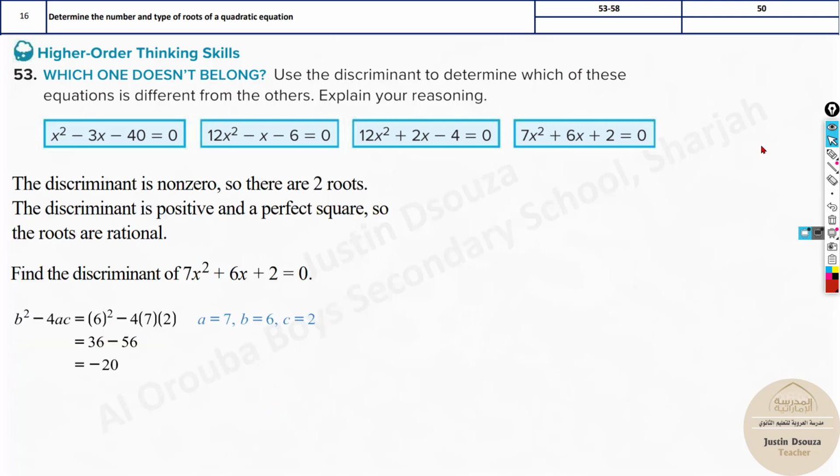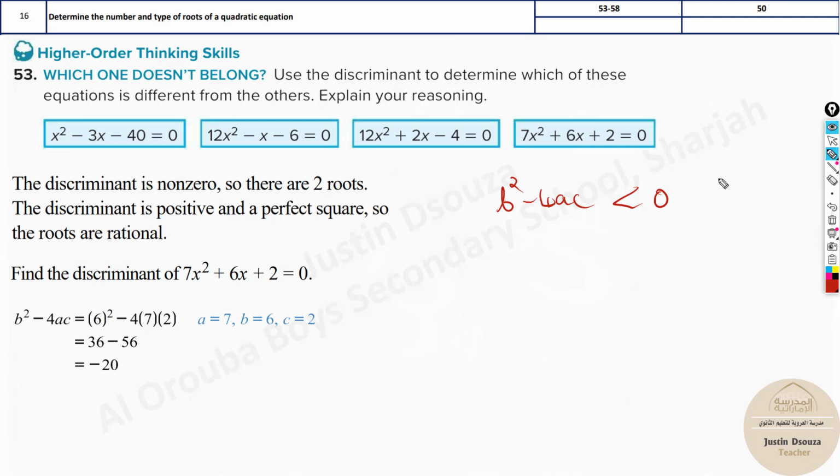This means there are certain rules. Now I will tell you about the discriminant. When the discriminant, that is b squared minus 4ac, is less than 0, you will have two imaginary or complex roots.